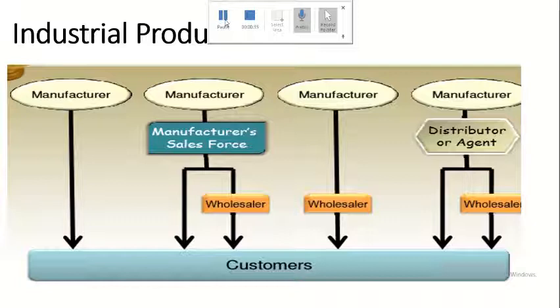A manufacturer can reach customers with its own sales force, a sales force that calls on wholesalers who sell to the customer, or a combination of the two arrangements. Manufacturers can also sell directly to wholesalers without using a sales force, and wholesalers in turn can supply customers.